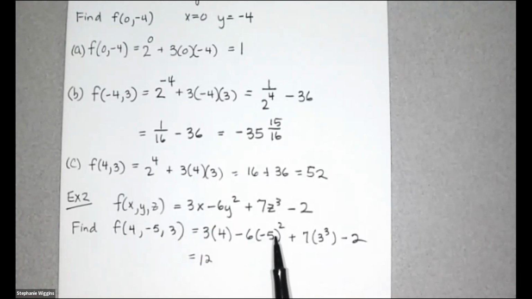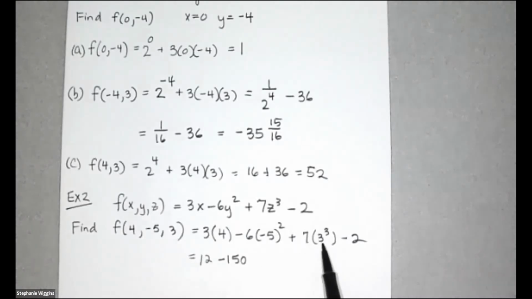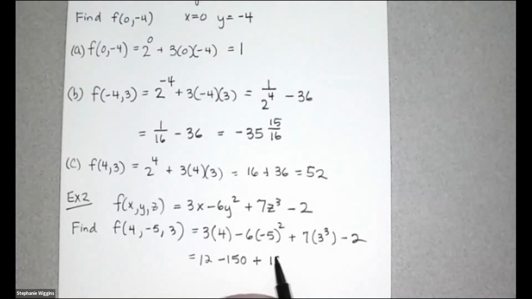This is -5 squared, that's 25, times -6 is going to be -150. 3 cubed is 27 times 7 is going to be 189. And calculating that, 189 minus 150, 39 plus 12, that's 51 minus 2, 49.